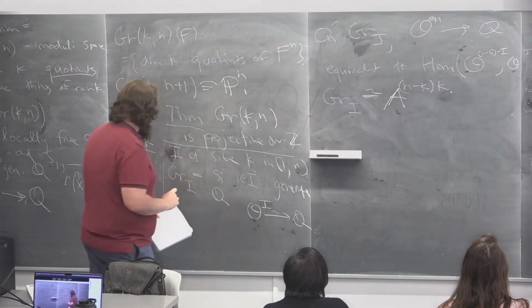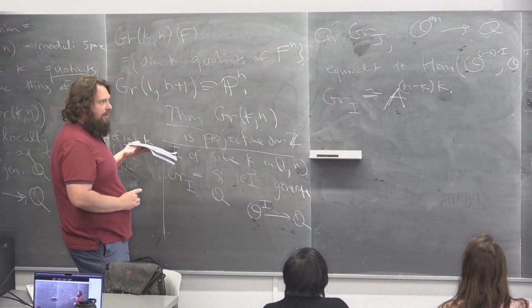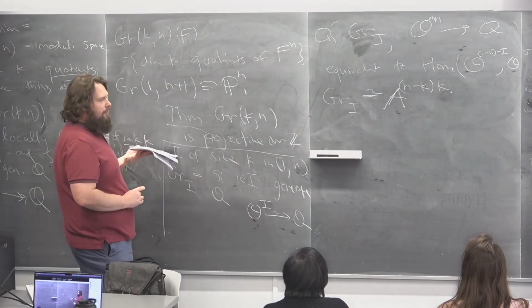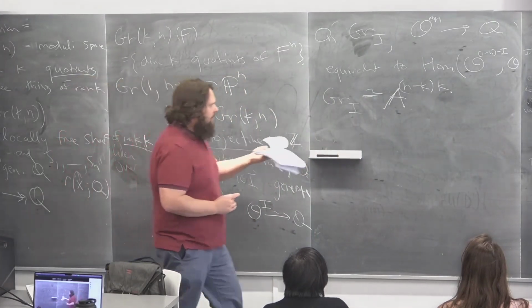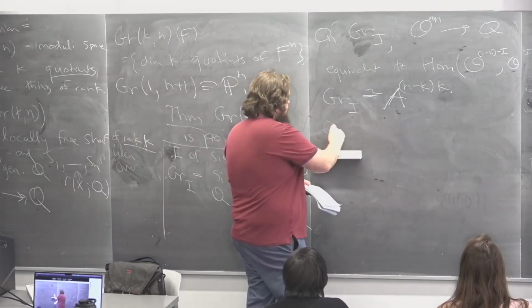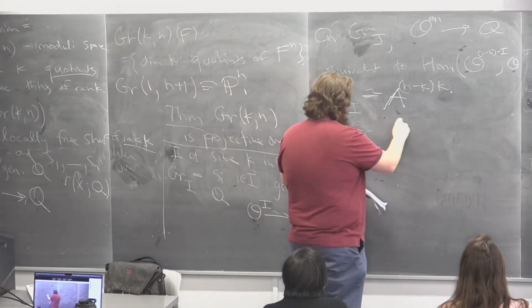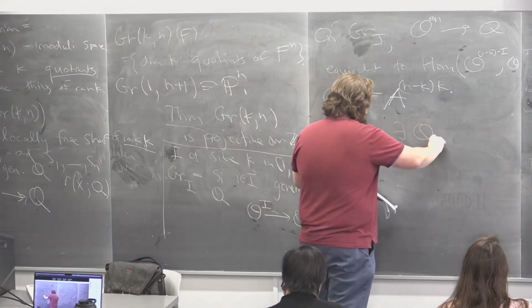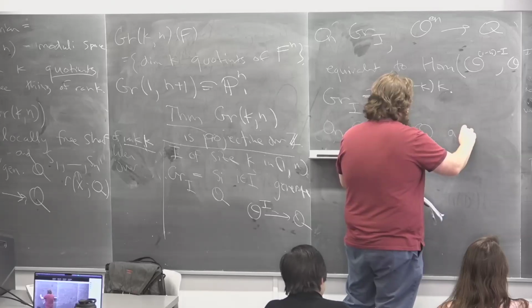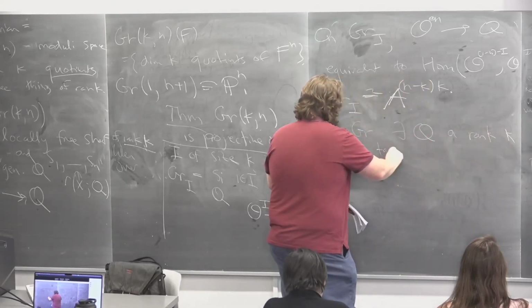So let me just say, why is it projective? In order to show that this is projective, I should find a line bundle such that this is the non-vanishing set of a bunch of sections. So on Gr, there exists Q, a rank k tautological bundle.